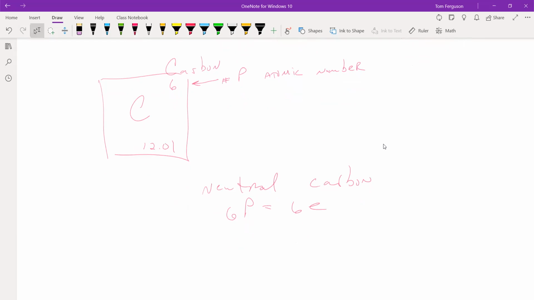What if we had a cation? We had a carbocation, a cation that's made up of carbon. How many protons will we have? 6, because it's carbon. 6 protons.